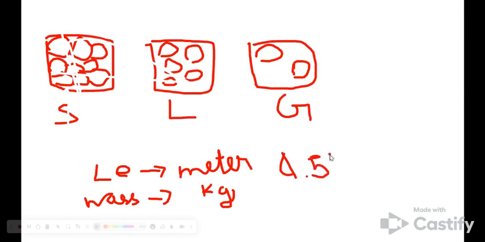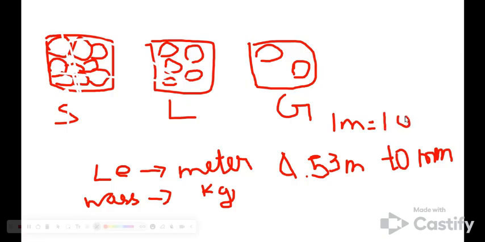For dimensional analysis, for example, we have to convert 9.53 meters to millimeters. We know 1 meter is 1000 millimeters, right?